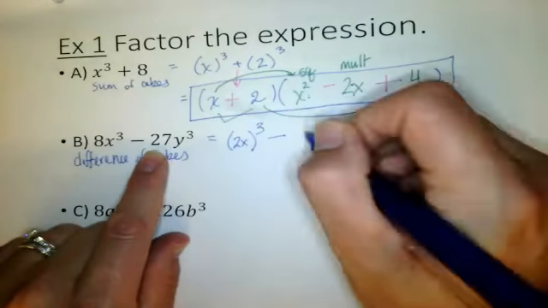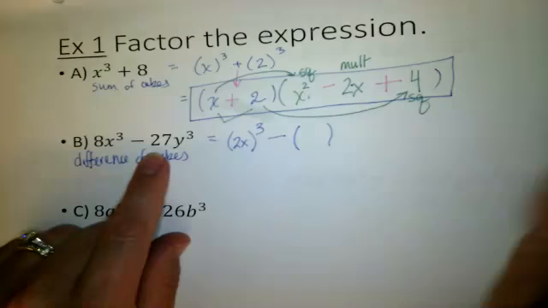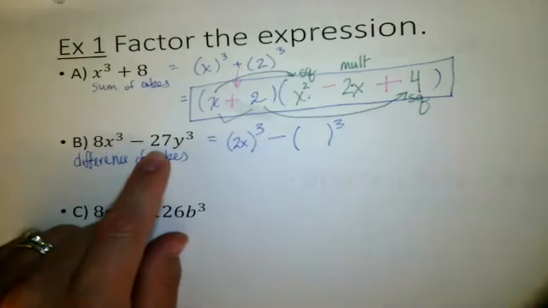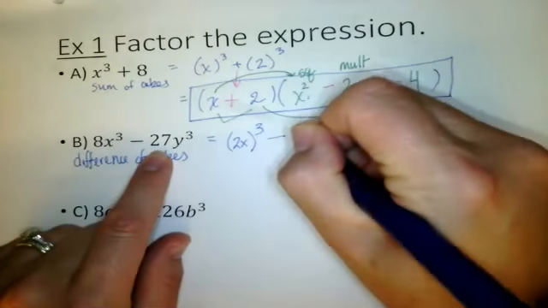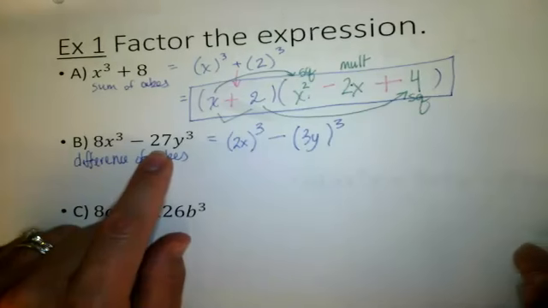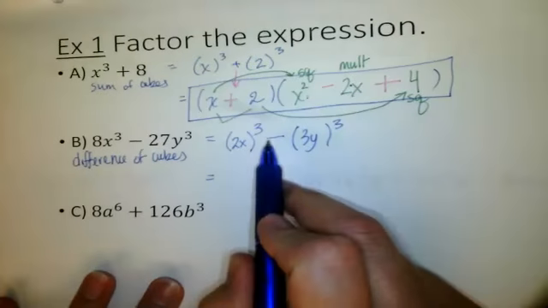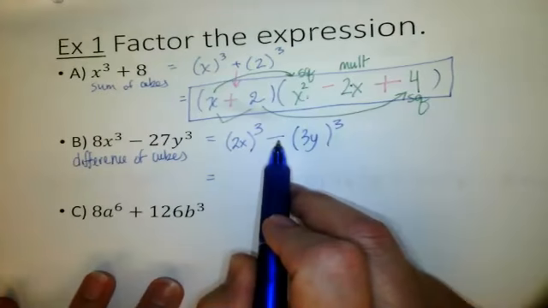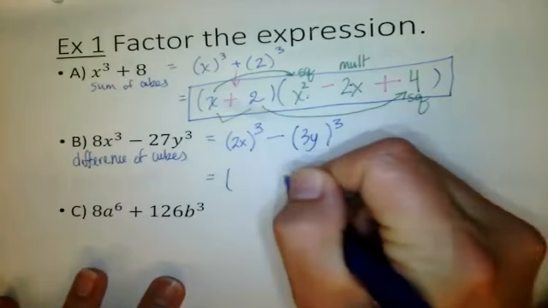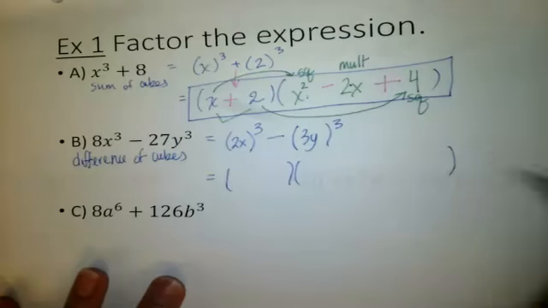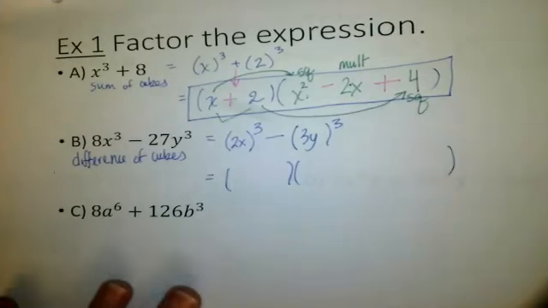Then we have a subtraction sign. And now what is being cubed to get me 27y cubed? 3y times 3y times 3y. No, you don't have to include the sign. Yeah, that's why the pattern I think is challenging, because you actually do the signs independently.